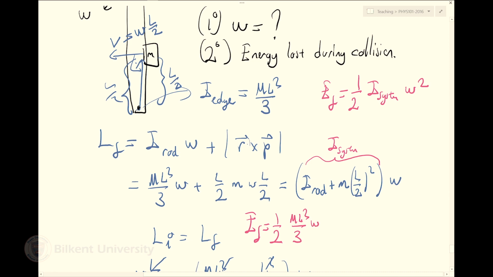Times omega squared plus, what's the kinetic energy of small m? 1/2 m v squared. But what's v? v is omega times L over 2, squared. Okay. So if I combine these, I'll actually once again find the same thing. Okay.